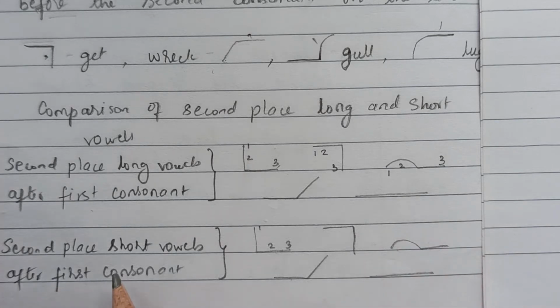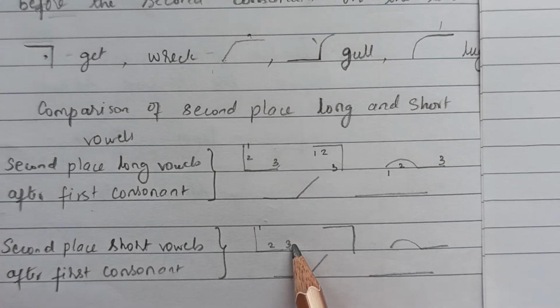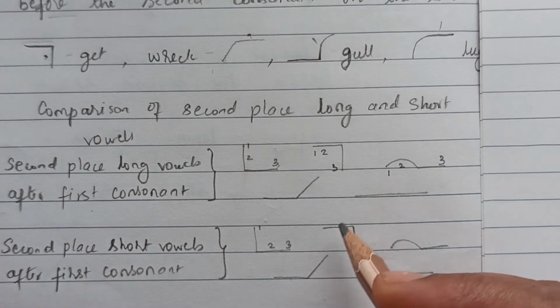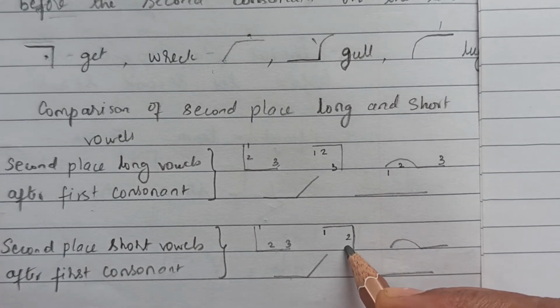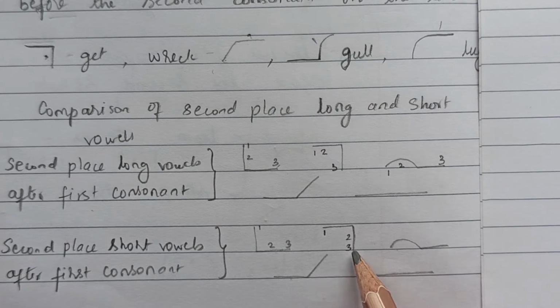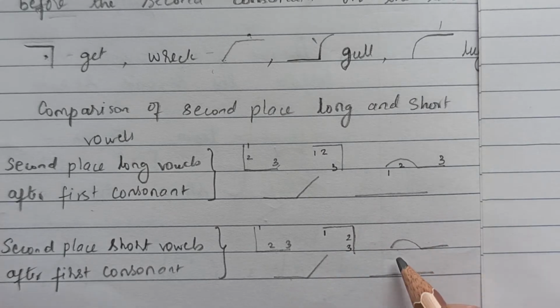Now, the second place short vowels after the first consonant can be written like this: 1, 2, and 3 before the second consonant. Again, 1, 2, and 3. This is the position for writing the short vowels.